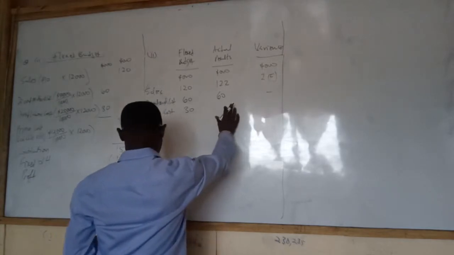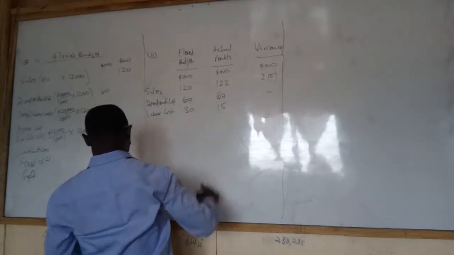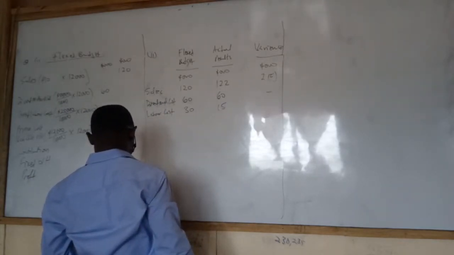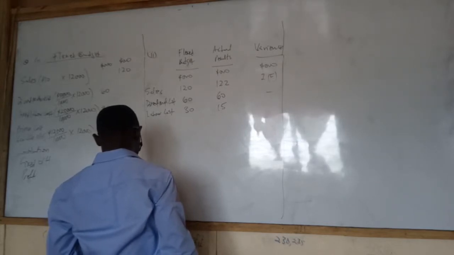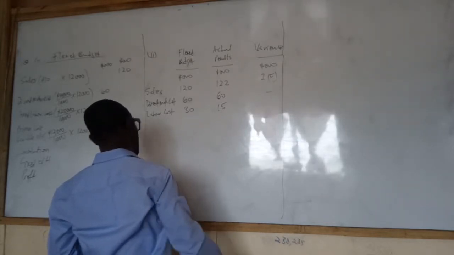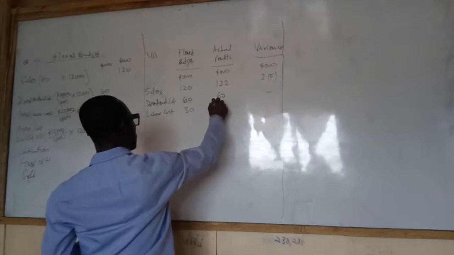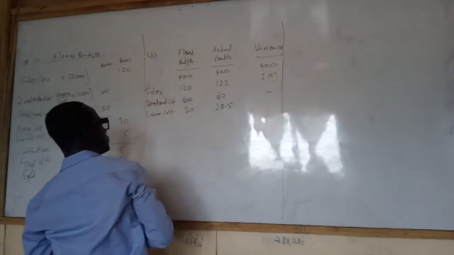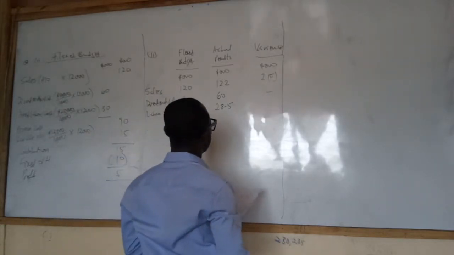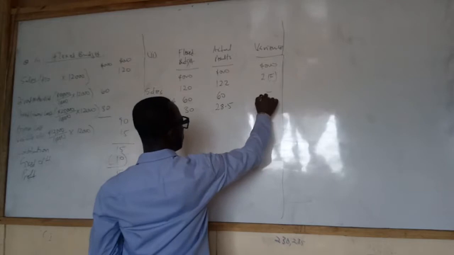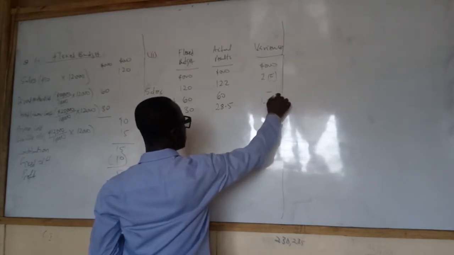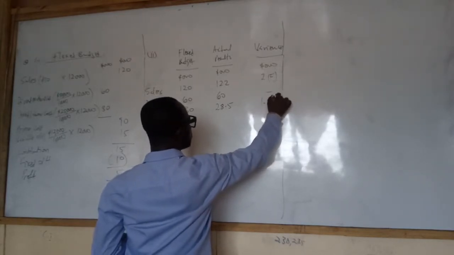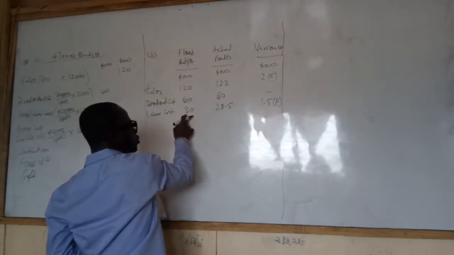Actual labor cost 28,500. So 28.5. What do we have? 1.5. Good or bad? Good, because we've incurred less cost than we are supposed to incur.